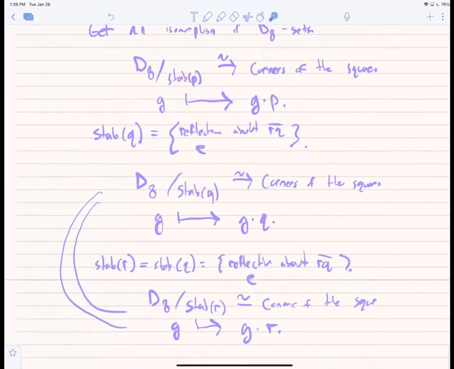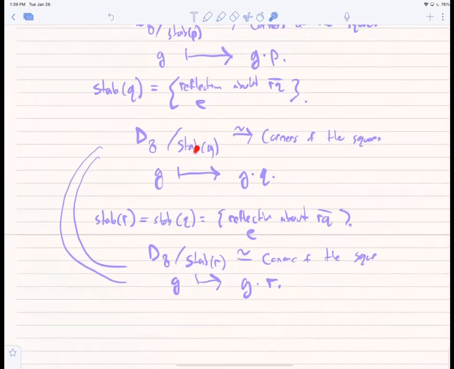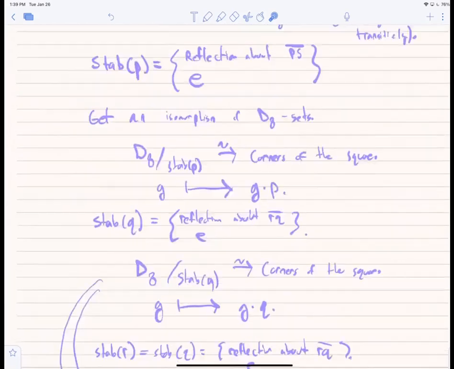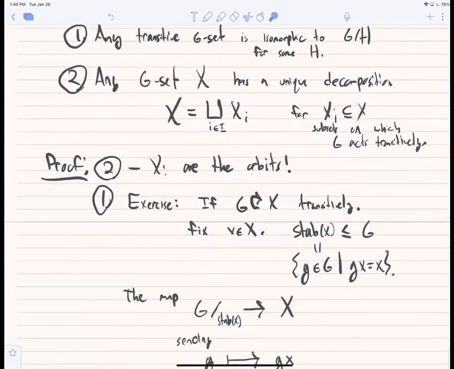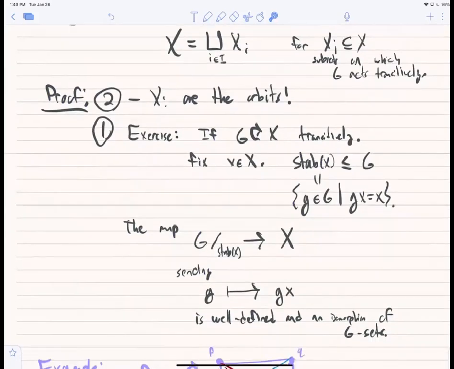And even for a single H, there are different choices of isomorphism. You can take the orbit map starting at any point. This happened in the proof already. To get an isomorphism, we fixed a point, and then we got an isomorphism from G mod the stabilizer at that point.